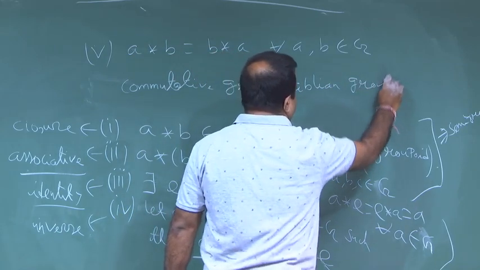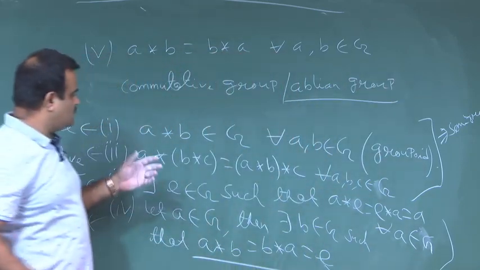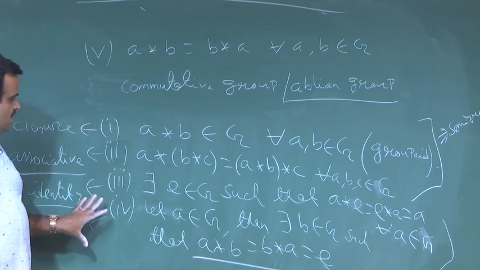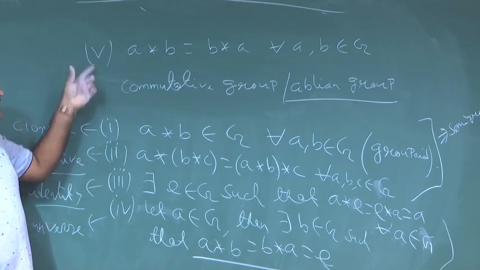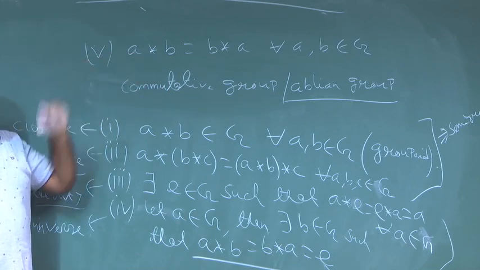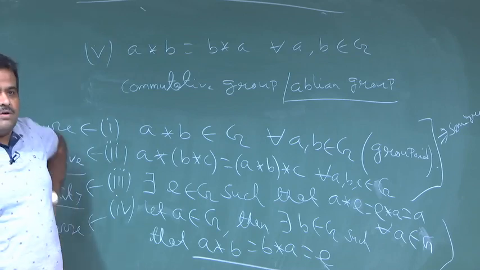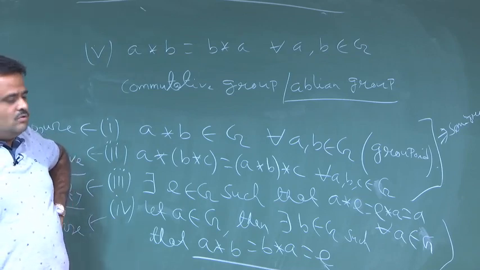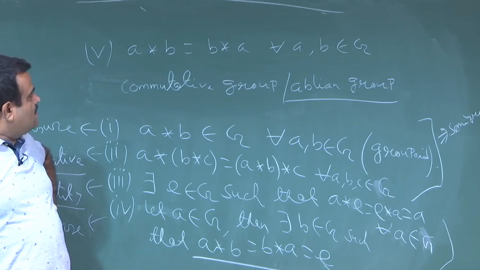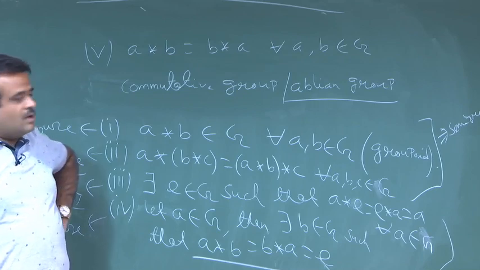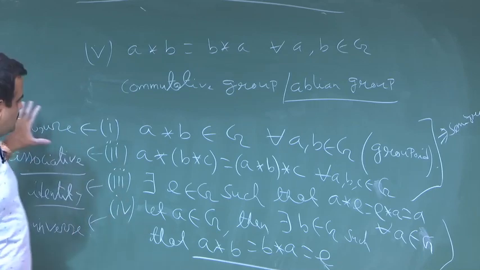So, for an abelian group, first of all it has to be a group by these 4 properties, and then the operator must be commutative. Then it will be called a commutative group or abelian group. So, this is the definition of a group.